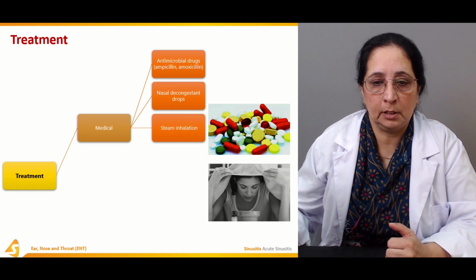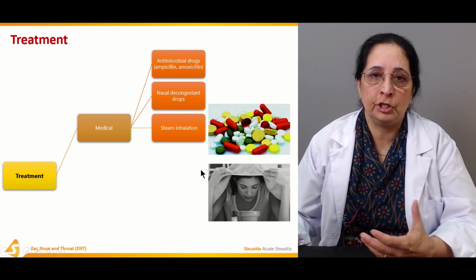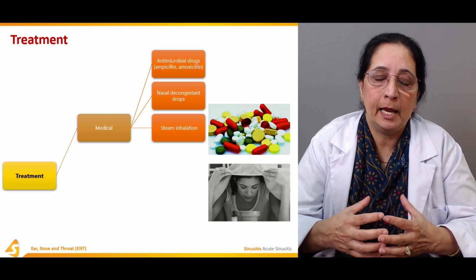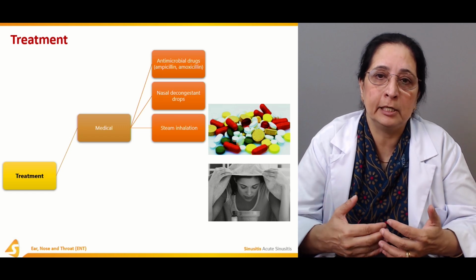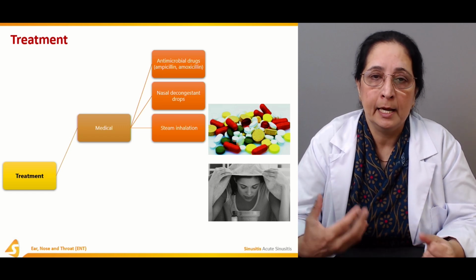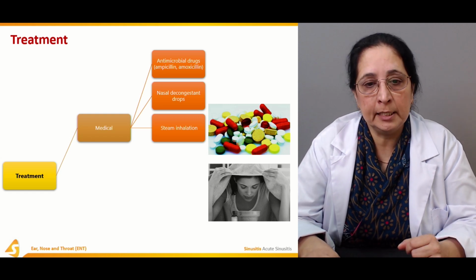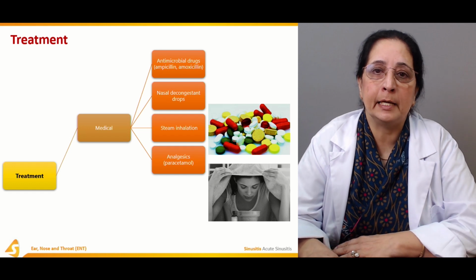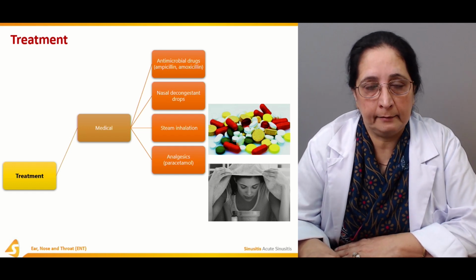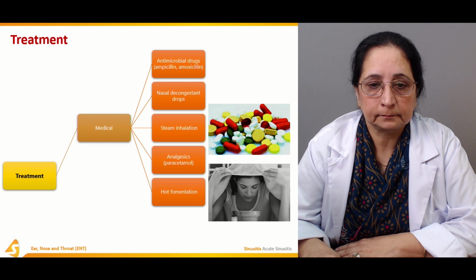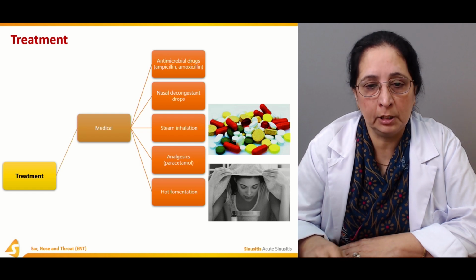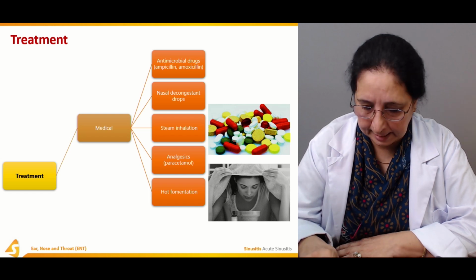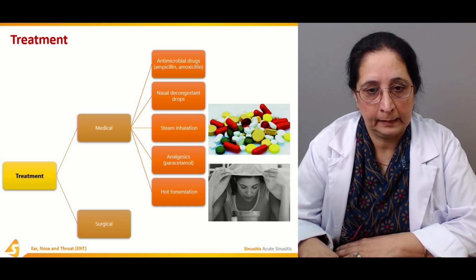Steam inhalation can help to relieve the stuffiness and to thin the secretions so they can drain easily. So steam inhalation is important. Analgesics, painkillers like paracetamol, are also effective. Hot fomentation, or application of heat, relieves the pain, tenderness, and swelling.